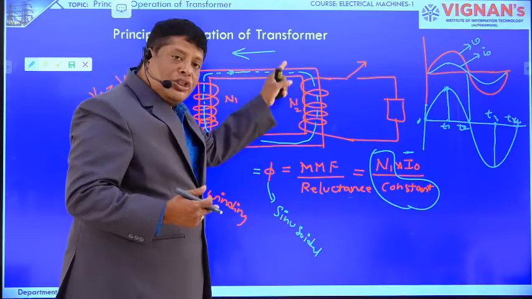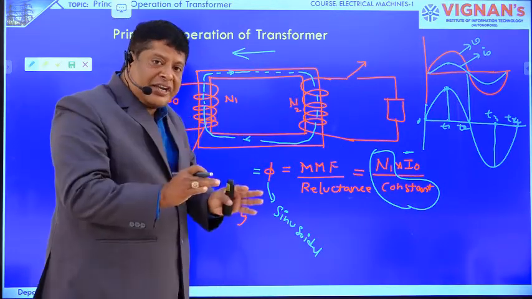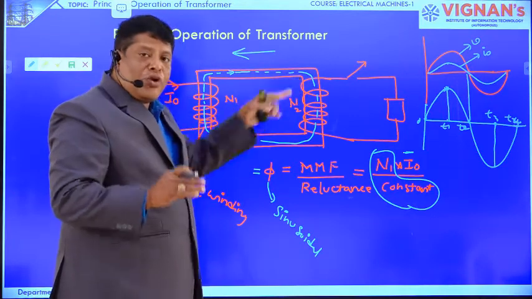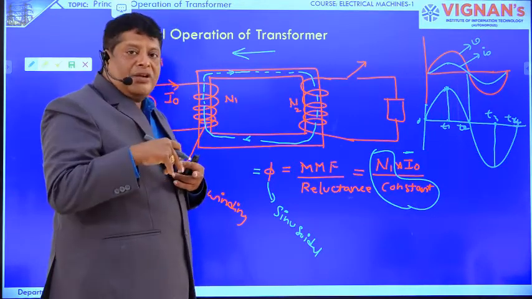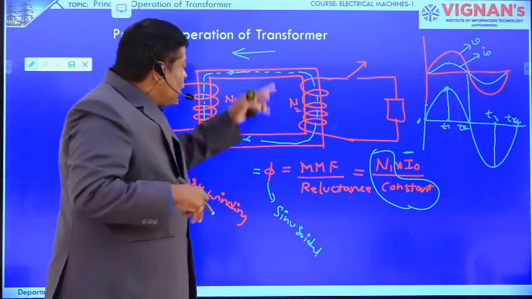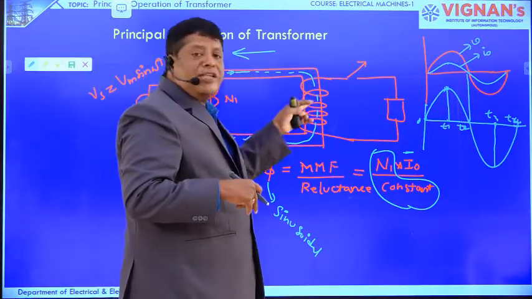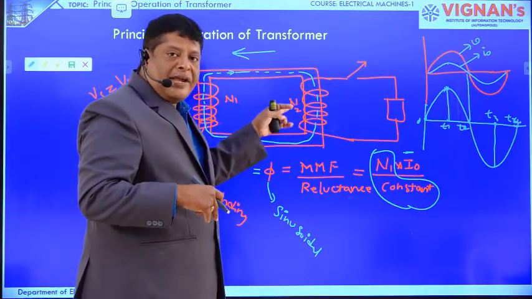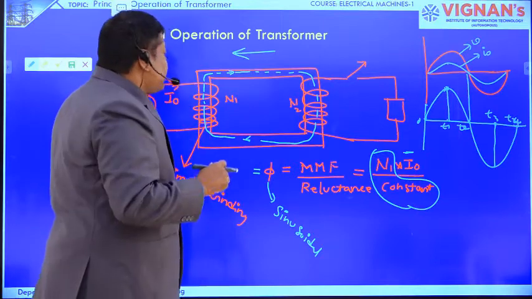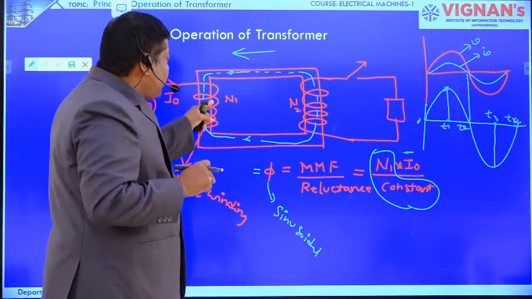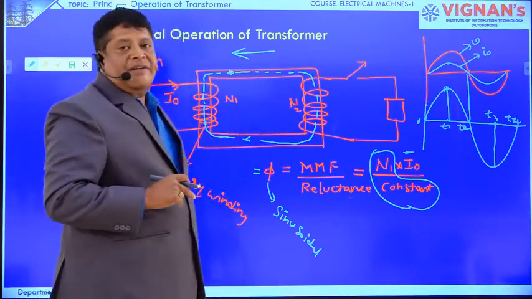Even though these coils are physically stationary, the flux in the core is changing with respect to time. On the same core, this winding is placed. So there is a rate of change of flux linkage on a primary winding as well as a secondary winding.